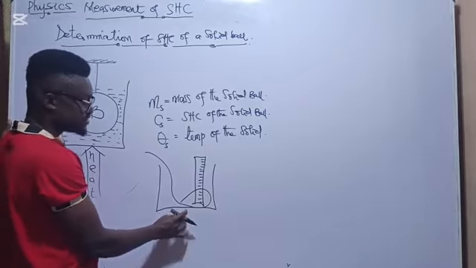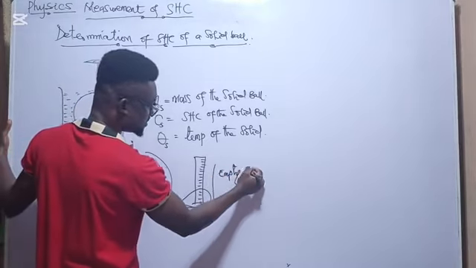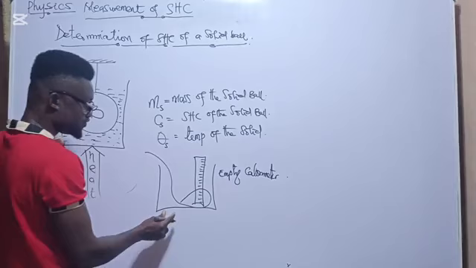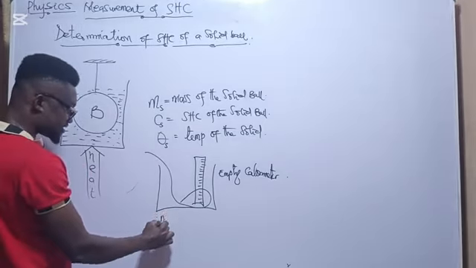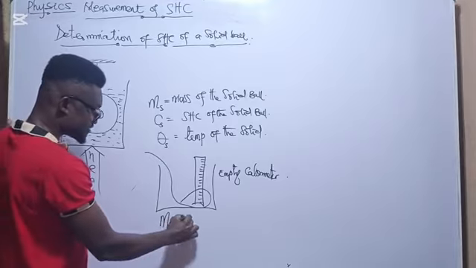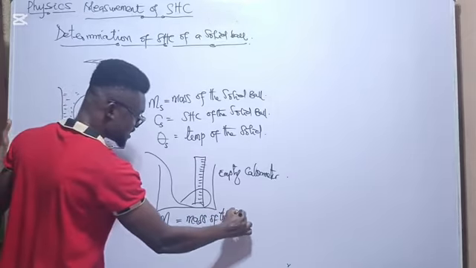This is the empty calorimeter. So you have to weigh it to get the mass of the empty calorimeter. That's the mass of the calorimeter.